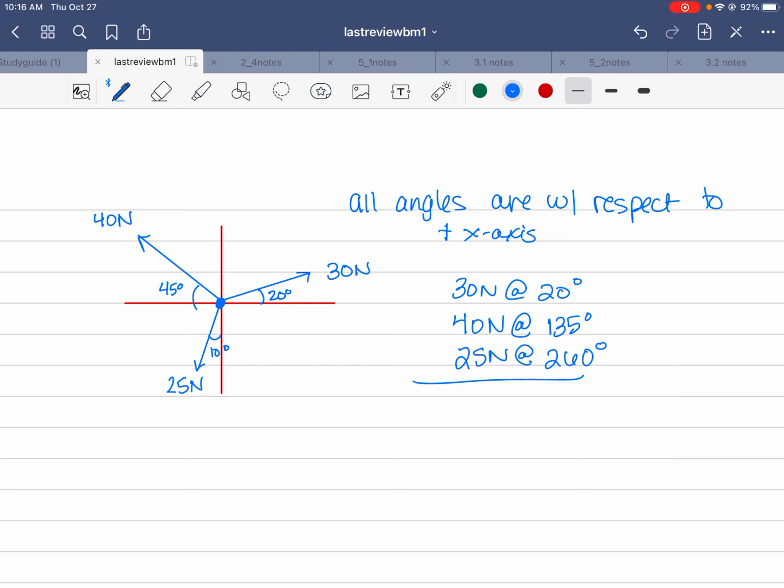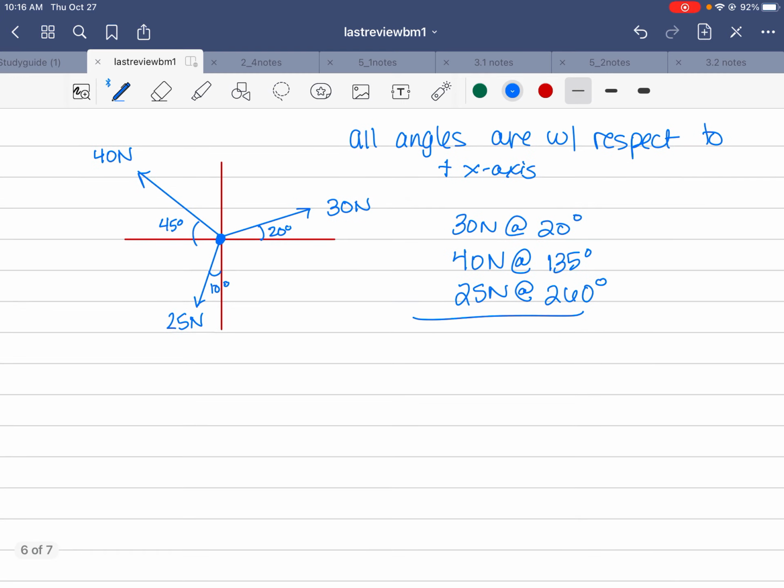So now I have all of my angles with respect to the positive x-axis. So from here on in, it's super easy. I'm going to make my XY chart, and I'm going to do my X and Y components of each of these vectors. Because I already have them listed, my X is really my cosine, and my Y is my sine. If you have your angles with respect to the Y-axis, then those would be different.